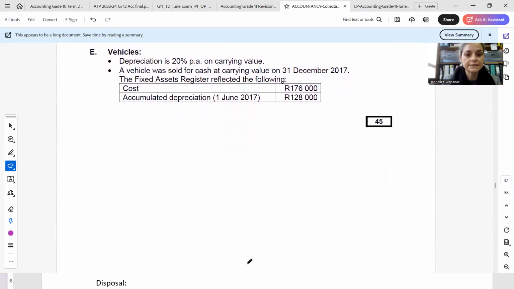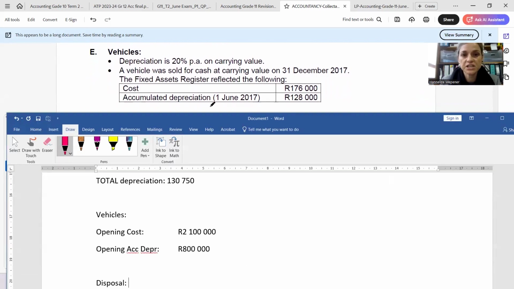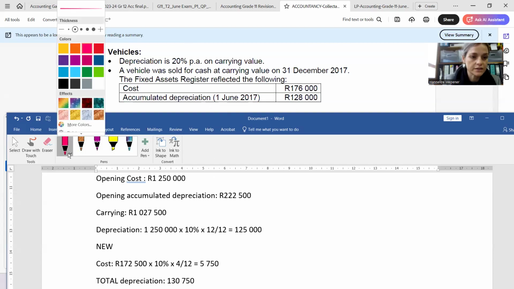It says that, first of all, your depreciation is 20% per annum using the carrying value. And it then says that one of your vehicles was sold for cash at carrying value on the 31st of December.